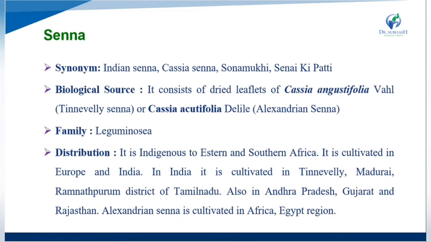Then the biological source is dried leaflets of Cassia angustifolia Vahl, Tinnevelly Senna, and also the other biological name, Cassia acutifolia Delile, that is Alexandrine Senna, okay. Tinnevelly Senna and Alexandrine Senna.